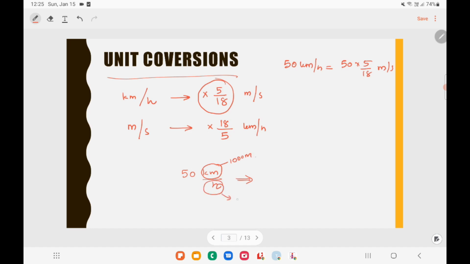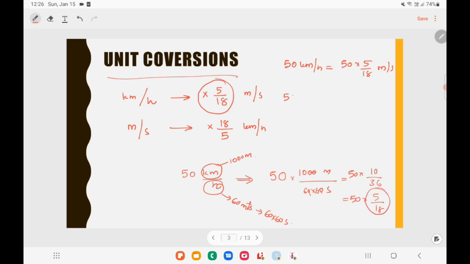And 1 hour is 60 minutes, and each 1 minute is 60 seconds, so 1 hour is 60 into 60 seconds. So just write 50 kilometer per hour is equal to 50 into 1000 meters, because 1 kilometer is 1000 meters, divided by 60 into 60 seconds. Just solve this one. You will get 50 into 10/36. If you divide by 2, you will get 50 into 5/18. So this is how this 5/18 came.